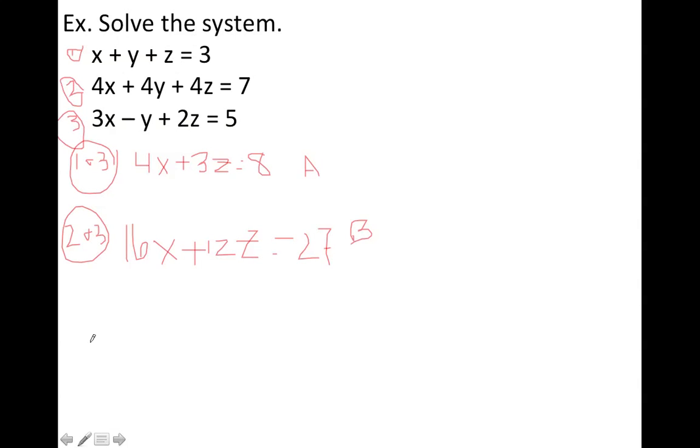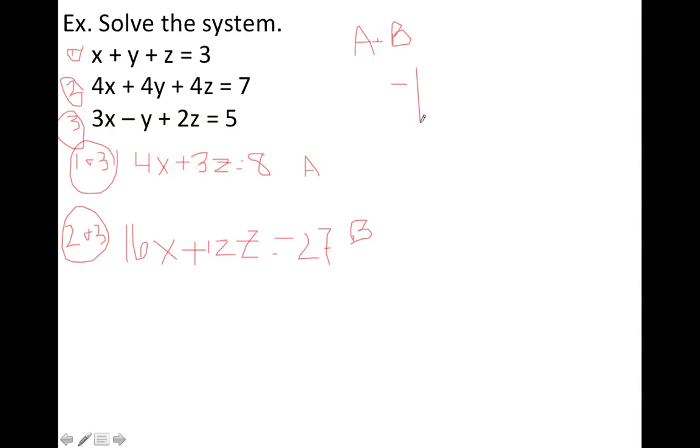So then we add up our equations a and b, eliminate another variable, so let's choose, doesn't matter which one, let's choose to eliminate x. So we'd have to multiply a by negative 4.